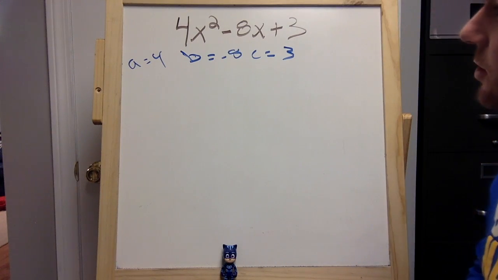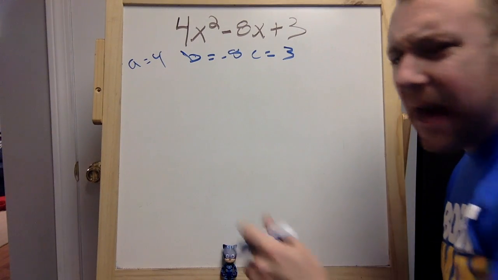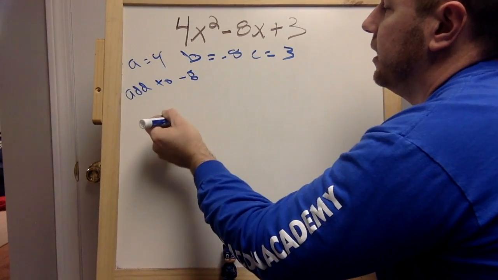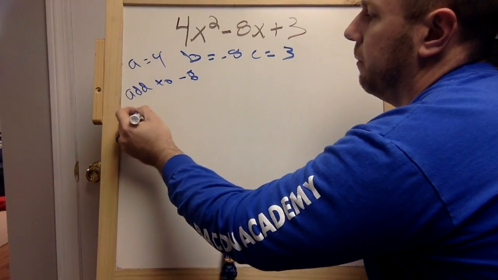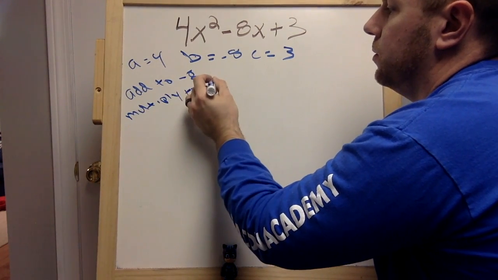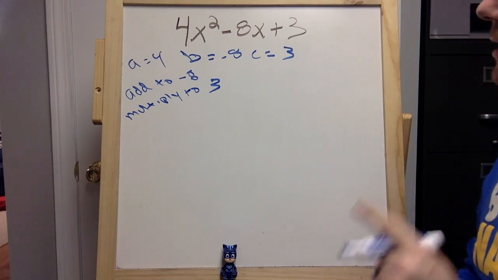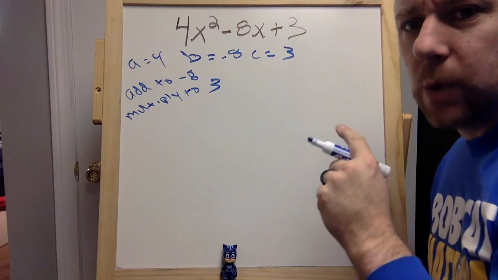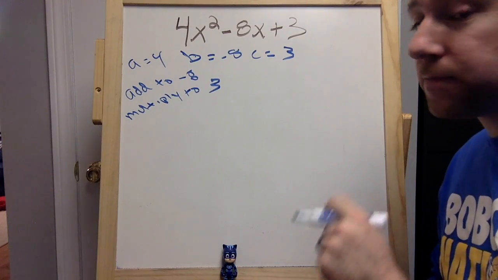So I go right into, okay, it has to add to -8 and multiply to 3. Well, that's not going to work. And also, we can't do the trick because A is not 1.